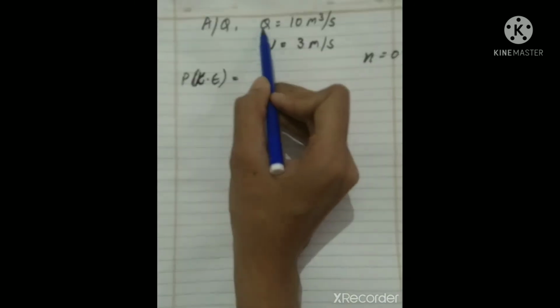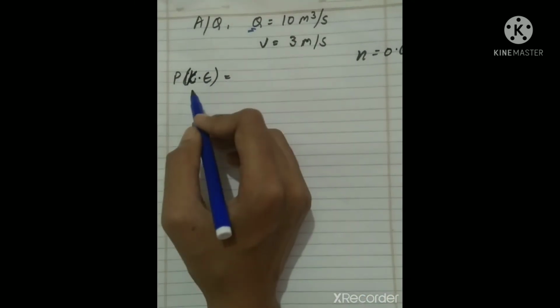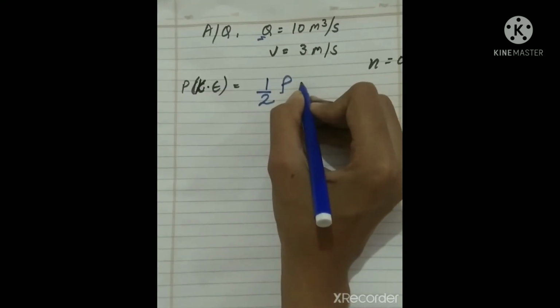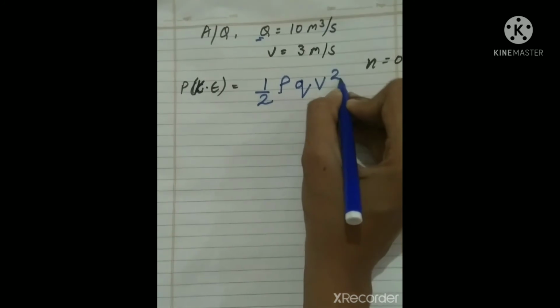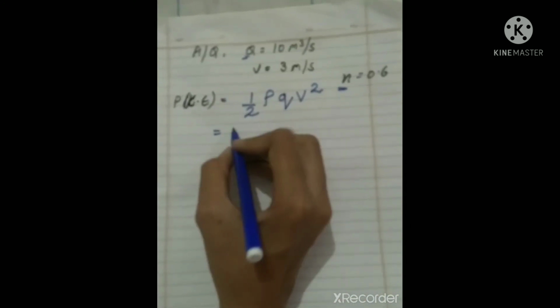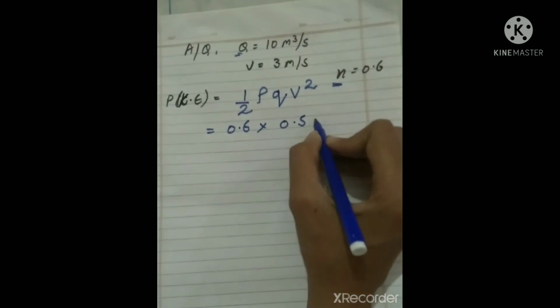As in our question, volume is given and flow rate is given. So we have to find the power in terms of kinetic energy. So our formula for this is, here efficiency is also given. So we have to consider this also. Now we will solve it by putting the values.